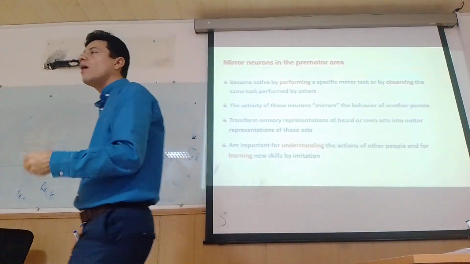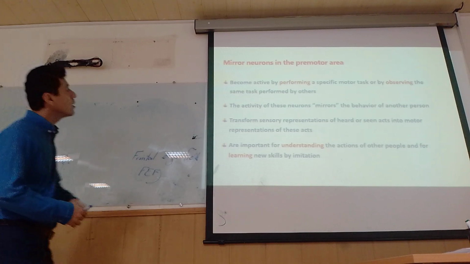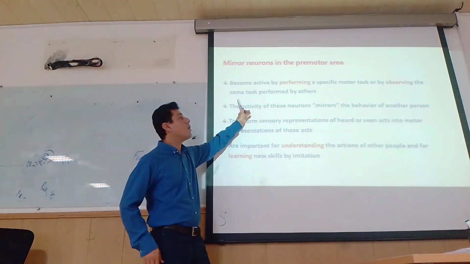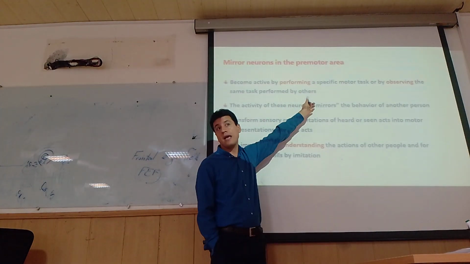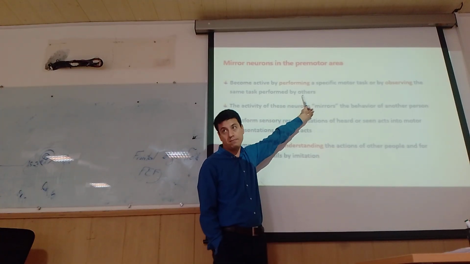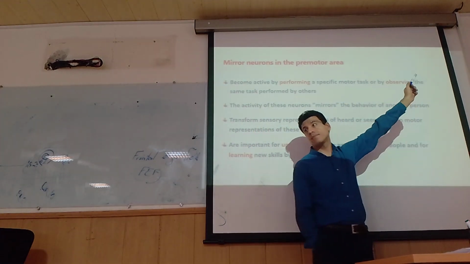Some neurons are activated before the action, and also when you see somebody else doing the same action. Okay? We call them mirror neurons. So mirror neurons are activated both before performing a movement or observing a movement.